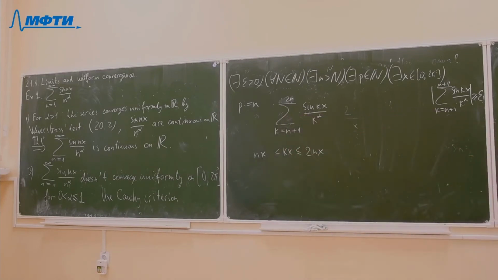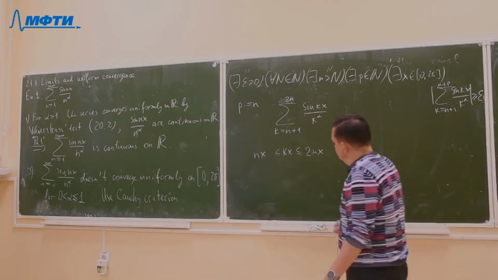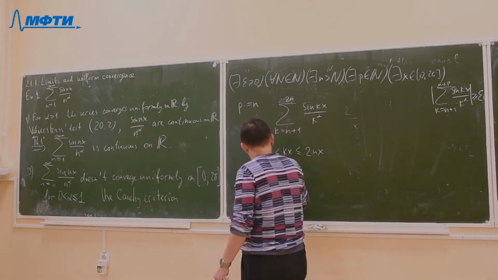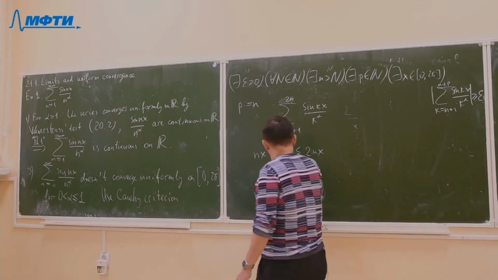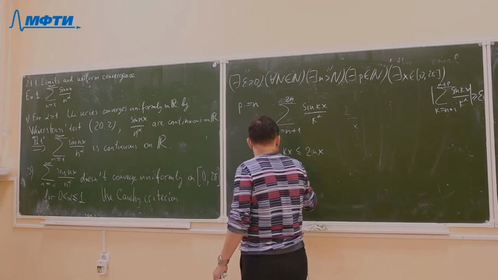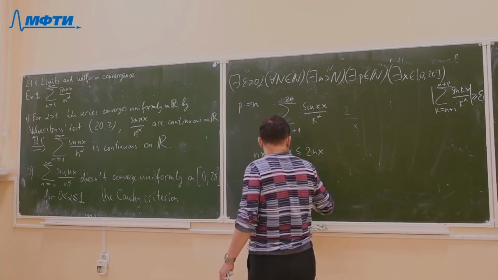So I would choose x, let it be, let's say, pi over 4n.